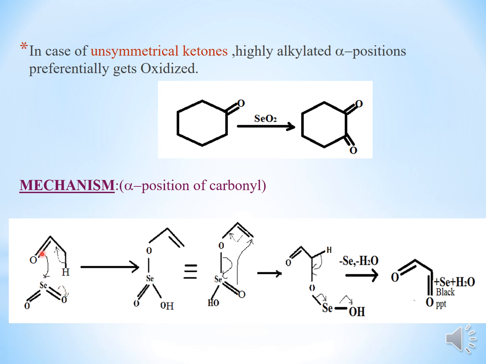When this comes and attacks here, this bond will go and attack the selenium, and meanwhile this bond will shift, making it a negative charge, O minus. That O minus will abstract the proton, and when that happens this bond will shift, making it a double bond, resulting in this adduct. Once you get this adduct, it can also be written in a similar fashion.